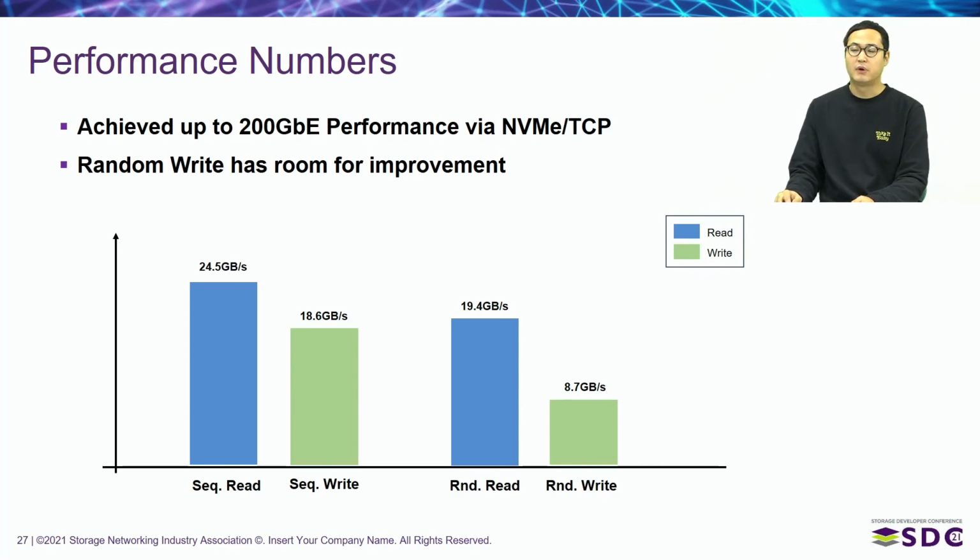But in case of random writes, the CPU for the TCP stack becomes the main bottleneck, and there's plenty of room to improve. In fact, we had the same problem in the PCIe Gen3 system, but in the PCIe Gen4 system, which doubles up the performance of SSD and network, it would be much worse. So you can expect better random performance by adopting RDMA or SmartNIC, which can offer NVMe TCP offload functionality.